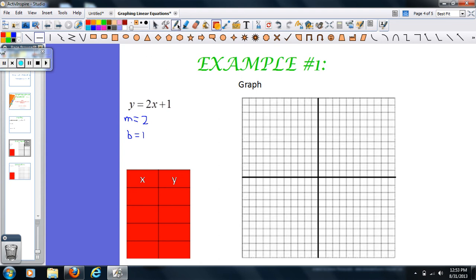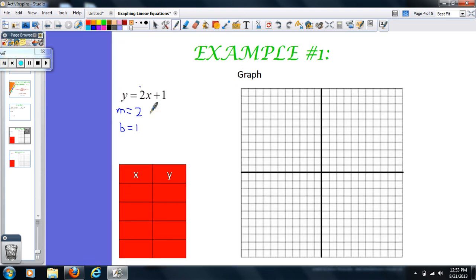So here's my x and my y axis, and I know that where y is 1, x is going to be 0, which tells me that there will be a point at x equals 0 and y equals 1, which is right here. Okay, so that's my y-intercept.